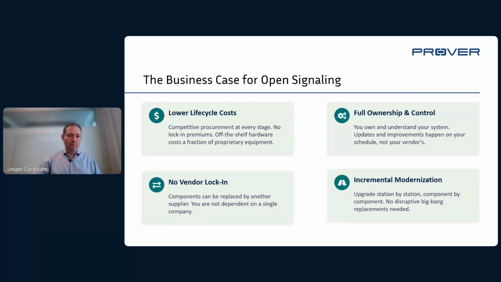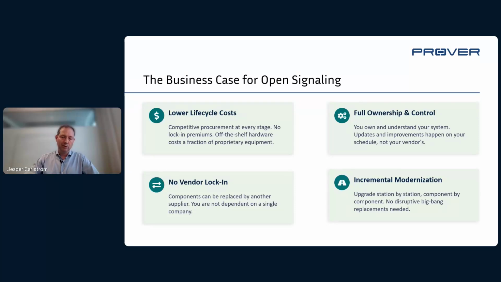The most maybe already covered in the lower lifecycle cost bullet, but it deserves to be stressed, no vendor lock-in. So components can be replaced by another supplier, and you are not dependent on a single company. That's the main advantage. And then that you can do incremental modernization.